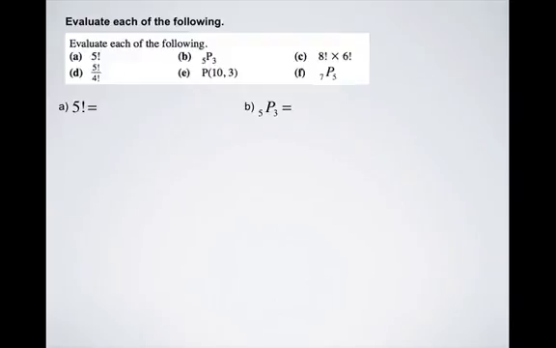So now, if you want to take a moment and calculate each of these. So 5 factorial is 120.